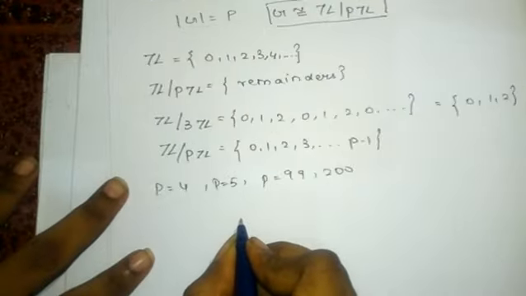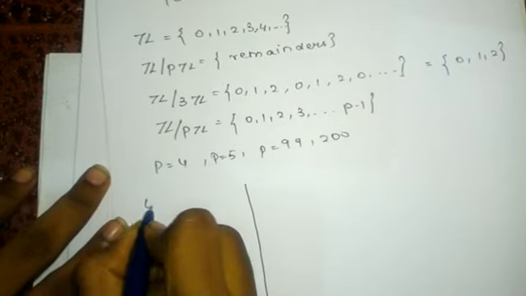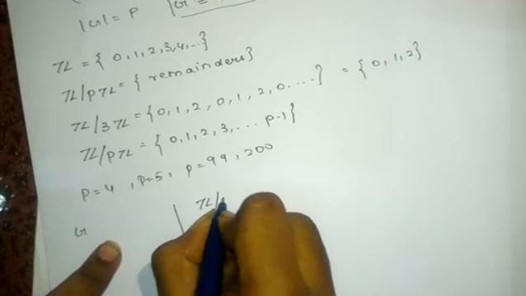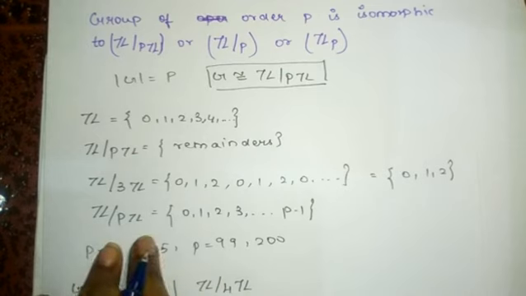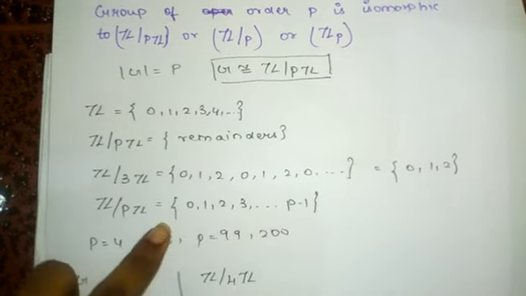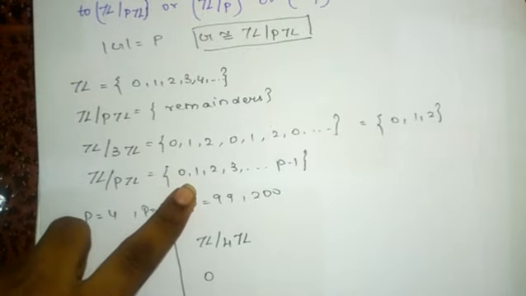To make it short, I am doing it with 4, so I write Z modulo 4Z. As we have seen, in Z modulo PZ the elements are 0, 1, 2 up to P minus 1. So I am going to write 0, 1, 2, 3.